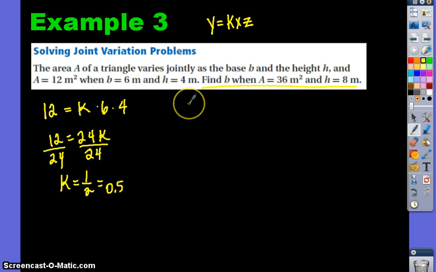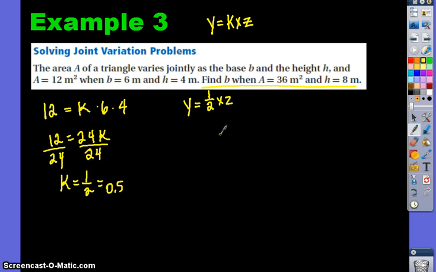And now we know that the equation that represents this situation is y equals 1/2 times x times z. So you can kind of see here that the formula for area of a triangle is a joint variation situation.